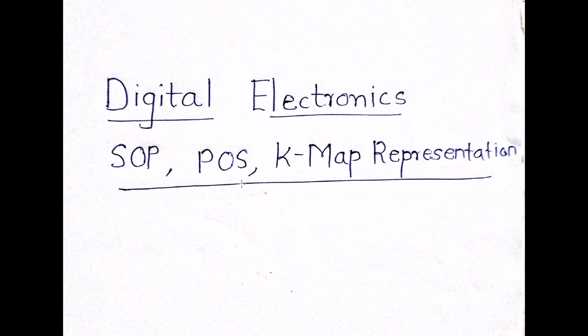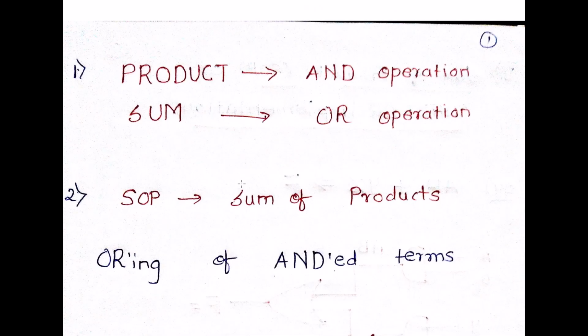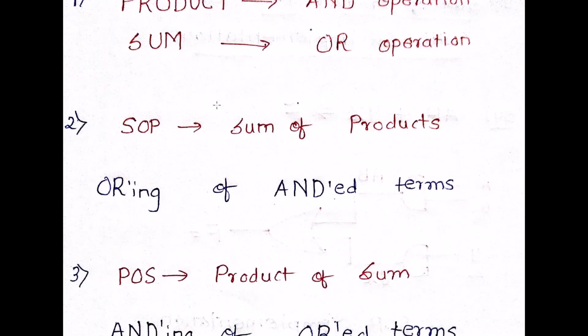So let us begin with the SOP and the POS part for this particular video. So what is basically a product? Product indicates AND operation in digital electronics terms, and sum indicates OR operation. So when I talk about SOP, SOP is nothing else than sum of product. As the name suggests, it is going to be sum of products.